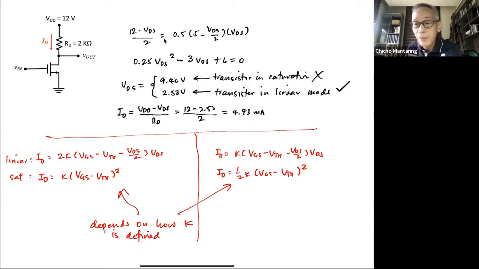In my slides, this is what I use. In the text that we use for EEE 131, this is also what is used. But in some of the previous lectures of 1, 2, 3, these are the equations used. So just make sure that you know how K is defined. Anyway, thank you for bringing that up. Any other questions?